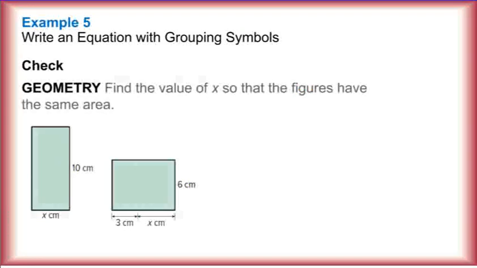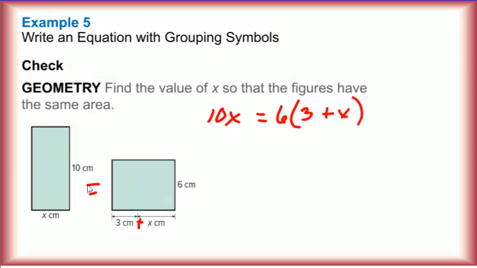Next one, find the value of x so that the figures have the same area. So we want the areas to equal each other. This would be 10x equaling, down here you have 3 plus x, so this would be 6 times 3 plus x. Distributes, now I have 10x equaling 18 plus 6x.